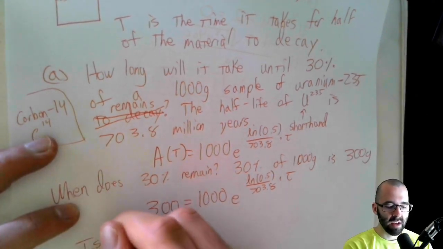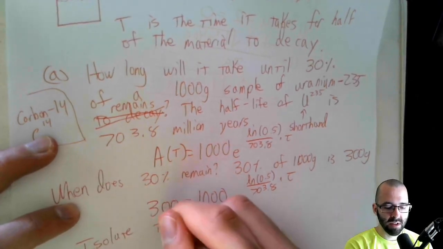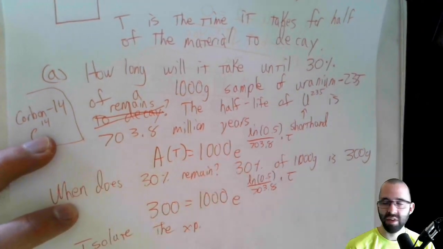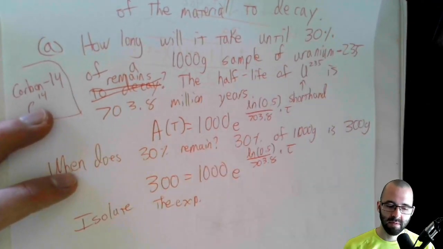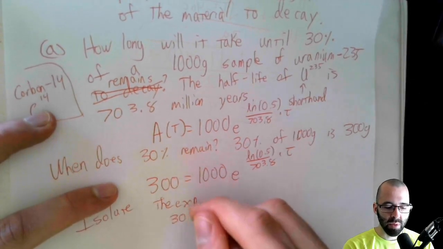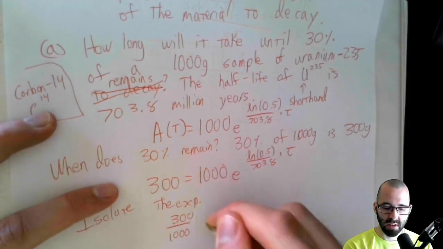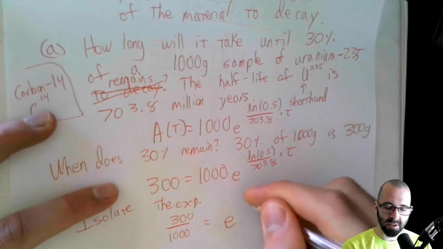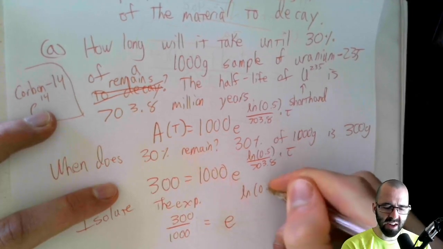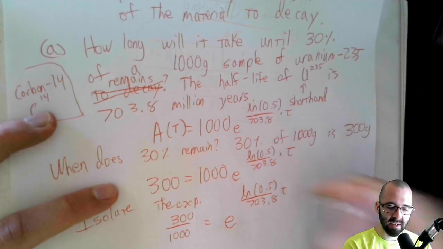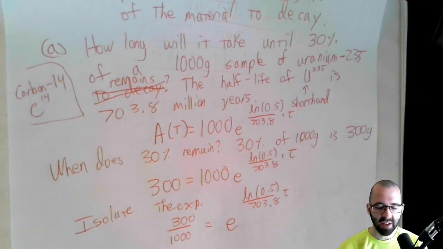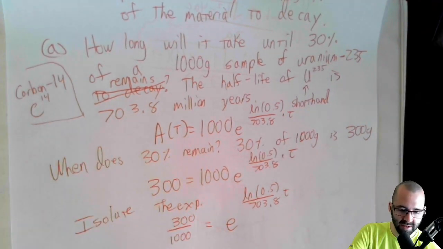Isolating the exponential means divide both sides by 1,000. So we get 300 divided by 1,000 equals e to all of this stuff. It's messy, but honestly, solving actual real life problems with math is usually messy.